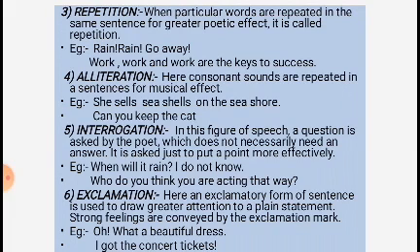Then moving on, there is alliteration. This resembles the consonant sounds which are repeated in the sentence, and more importantly it gives a musical effect to the poem. For example, can you keep the cat? So here the consonant sounds, if you pay attention to the ka and ka, that is can and cat, resemble the alliteration sound.